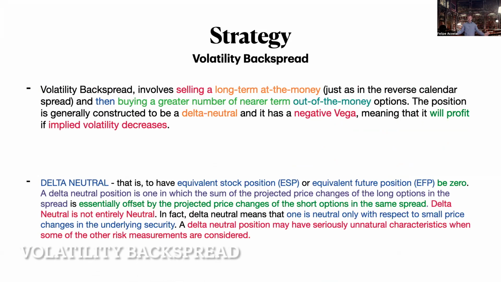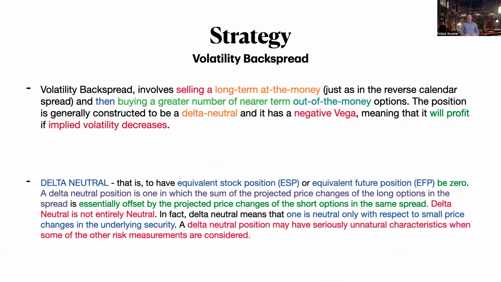And then here's a strategy for the use of volatility, which is the volatility backspread. Basically, the volatility backspread involves selling a long term at the money option, just as in the reverse calendar spread, and then buying a greater number of near term out of the money options.